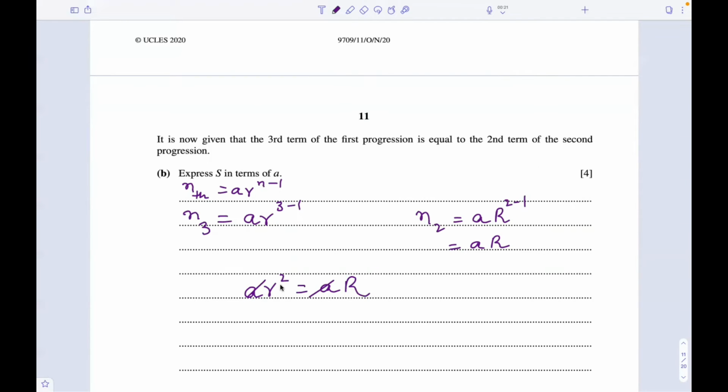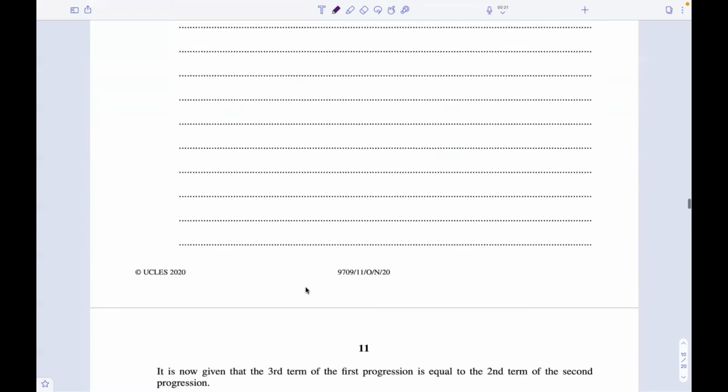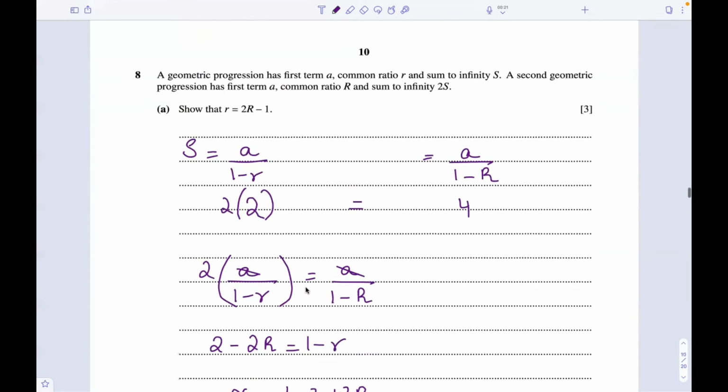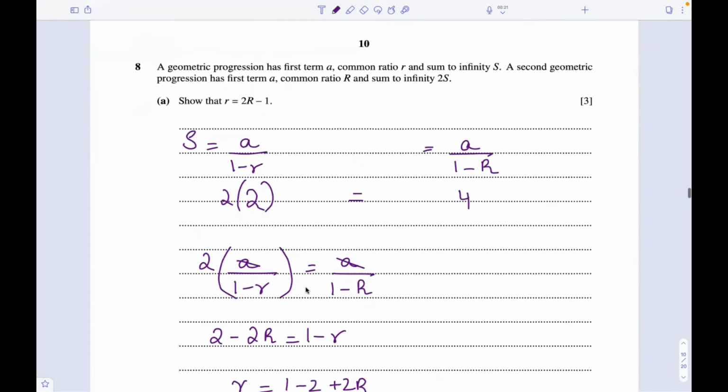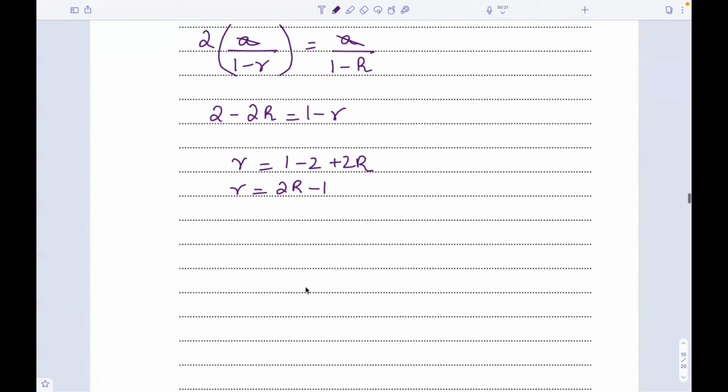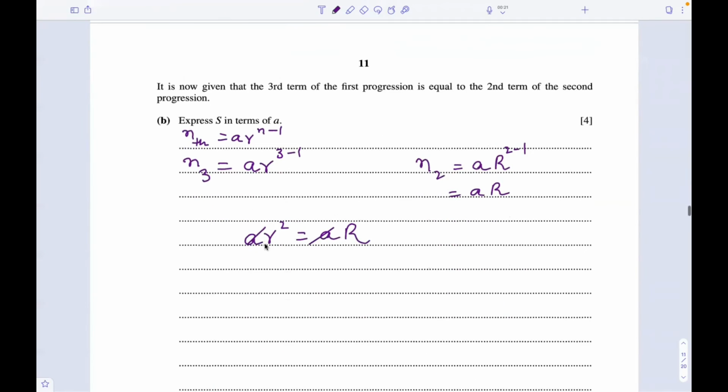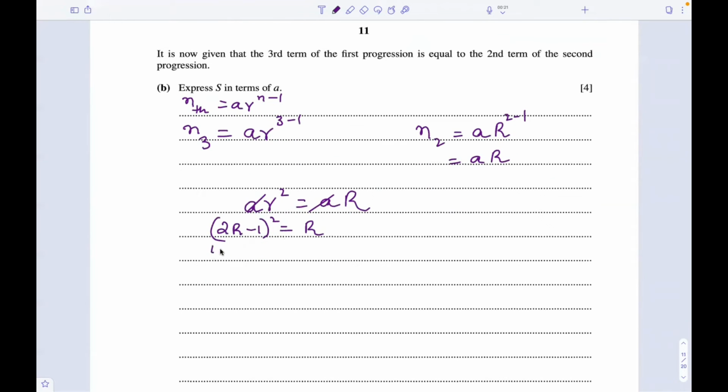To solve this, we can use the substitution from the first part, which is that small r is equal to 2 multiplied by capital R minus 1. So in place of r squared, we can write 2R minus 1 whole squared is equal to R. Solving this, we get 4R squared minus 4R plus 1 minus R is equal to 0.